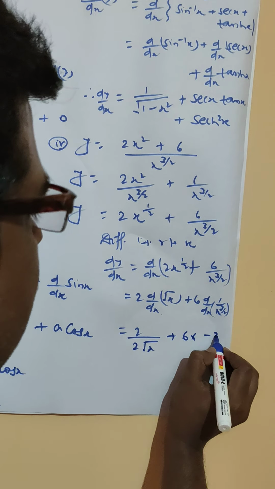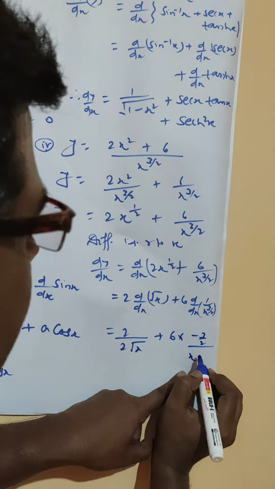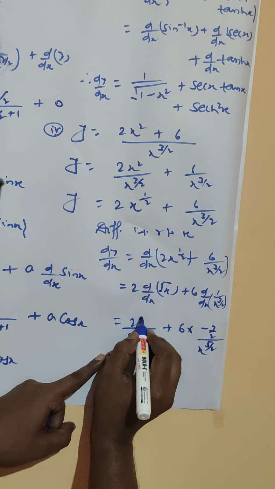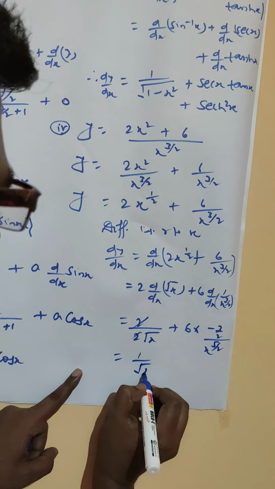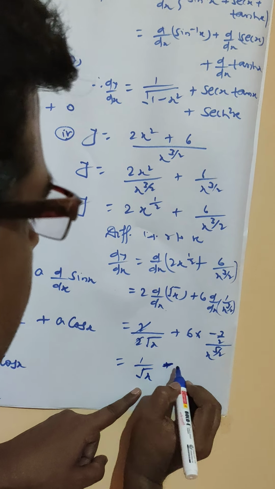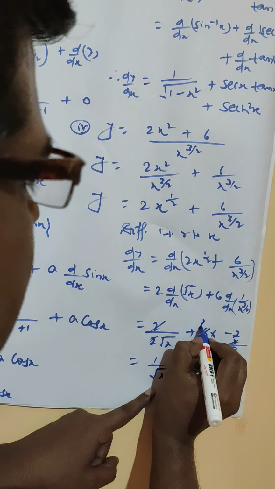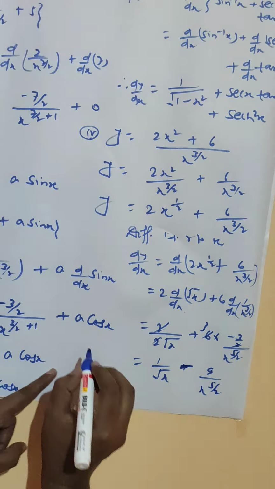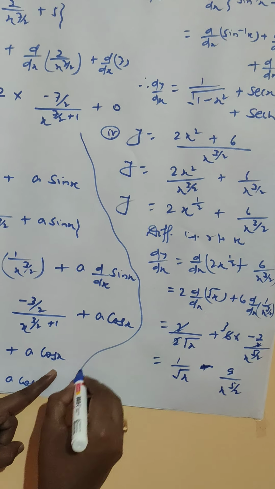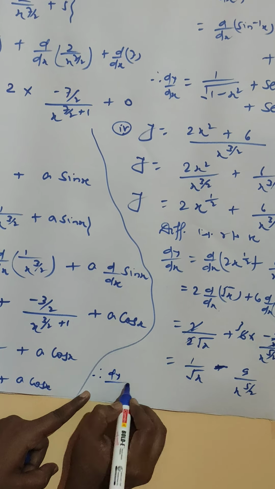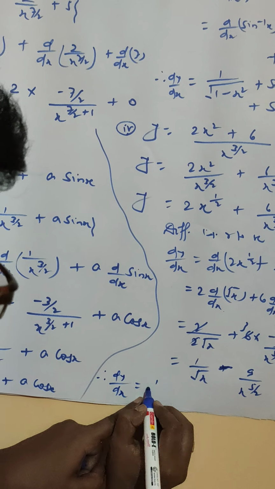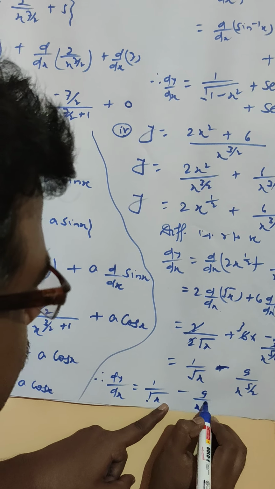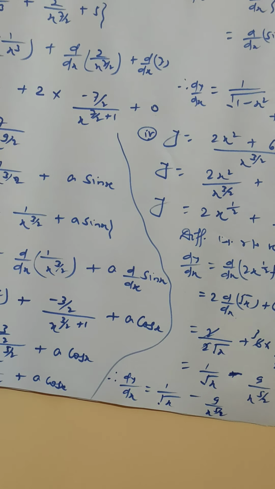And 6 times minus 3 by 2 divided by x raised to 3 by 2 plus 1, that is 5 by 2. The 2s cancel, giving 1 by root x minus, 2 threes are, 9 by x raised to 5 by 2. Hence dy by dx is 1 by square root x minus 9 by x raised to 5 by 2.